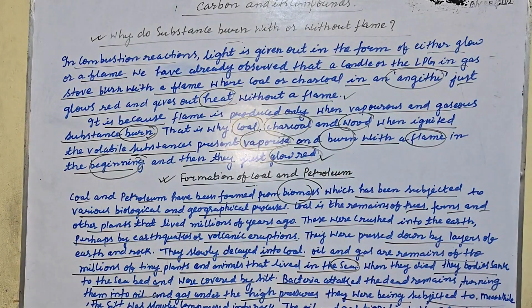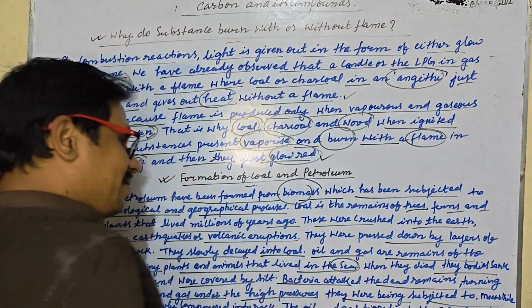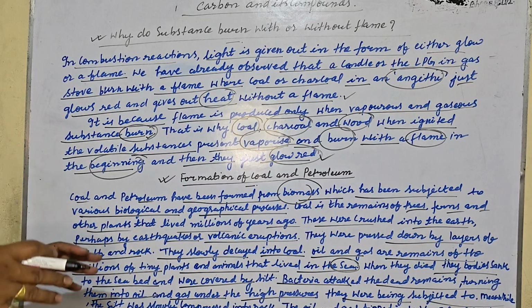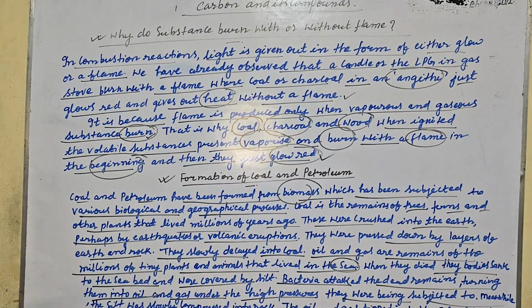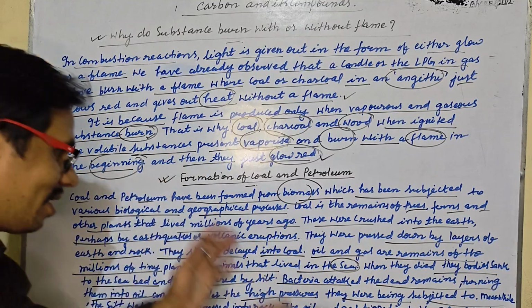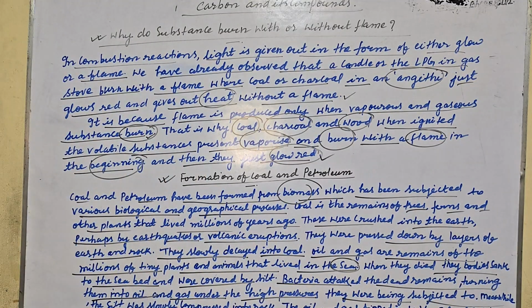So my dear students, it is quite clear. First, the formation of coal: when dead remains of plants and vegetation were buried in the earth millions of years ago, they were crushed into the earth, perhaps by earthquake and volcanic eruption. They were pressed under layers of earth and rock, and due to high temperature and pressure slowly decayed into coal.